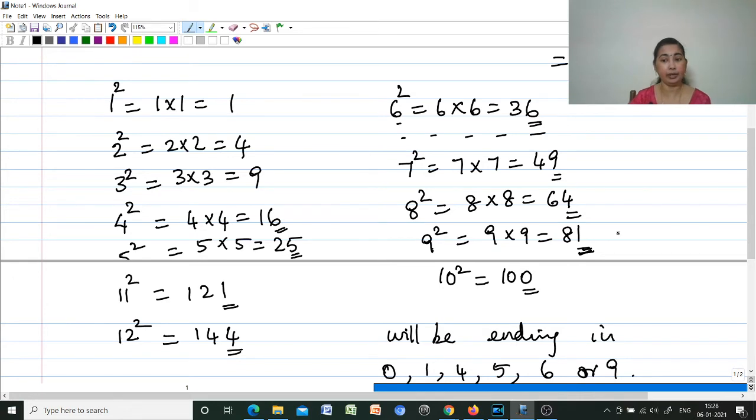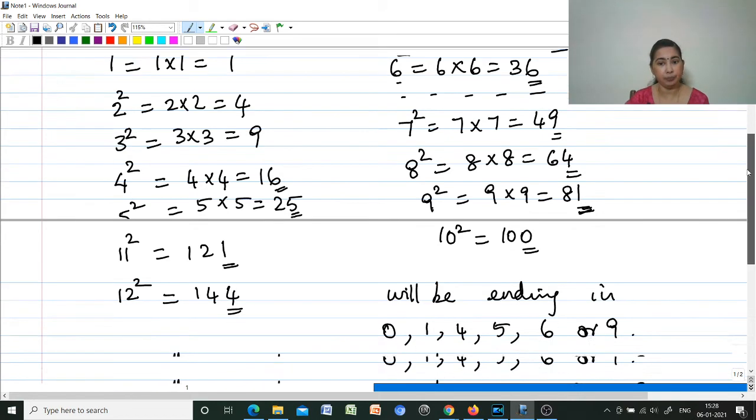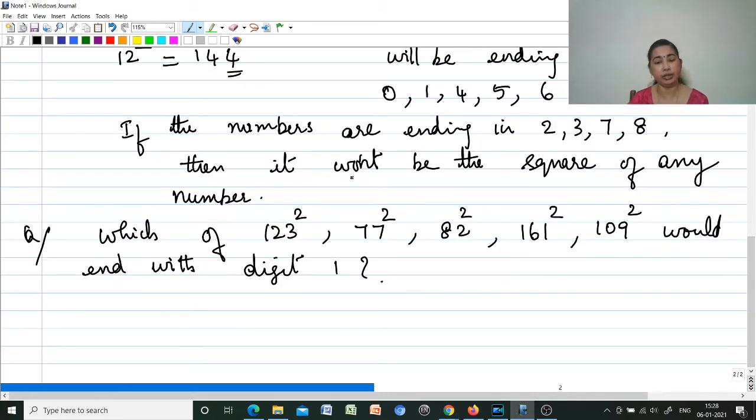Only 1 square and 9 square end in 1. So 161 square and 109 square, ending in 1 and 9, will end up in 1 itself.